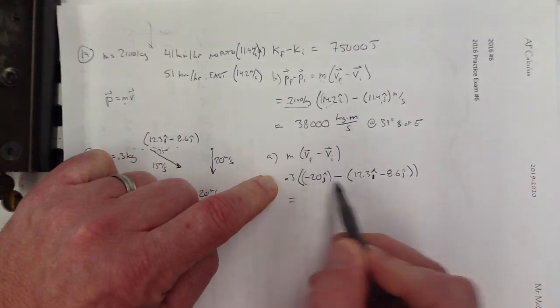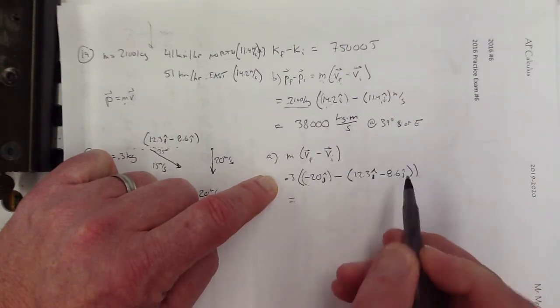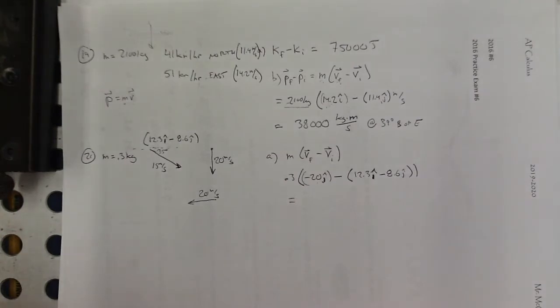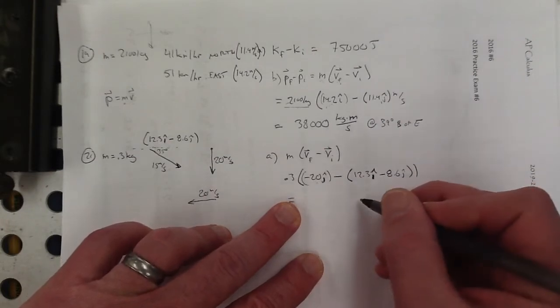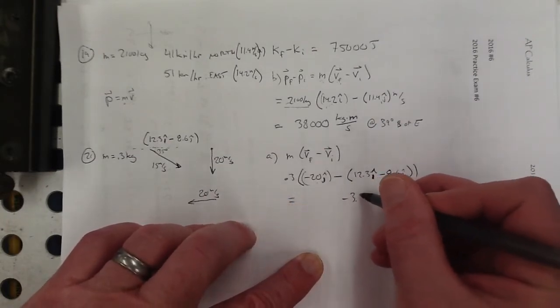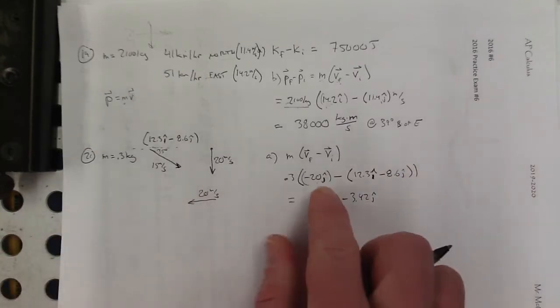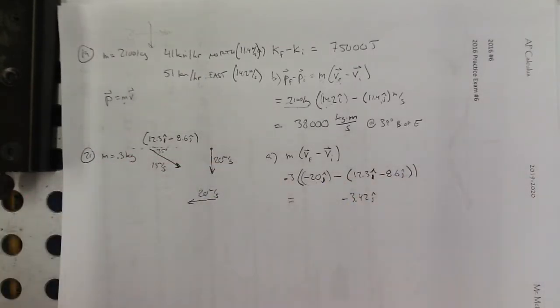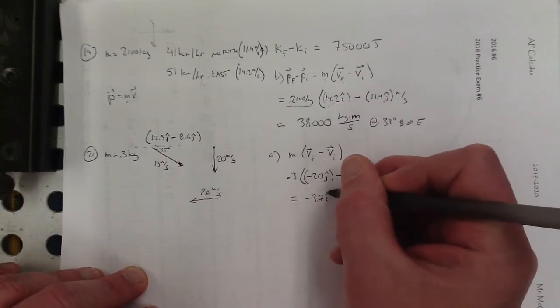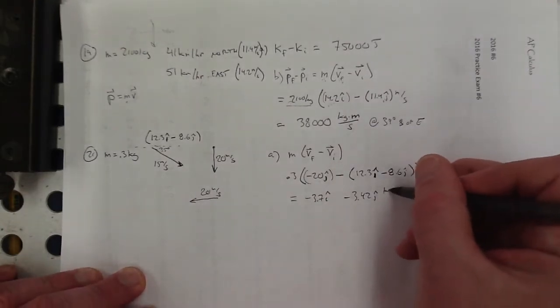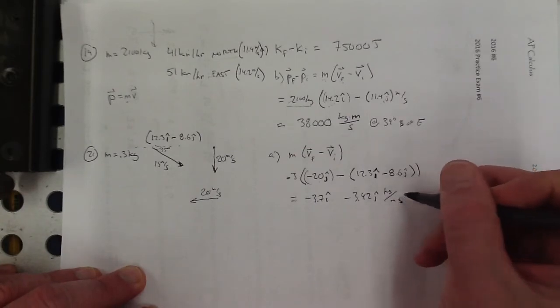I have minus 20 minus 8.6, minus 20 plus 8.6, times 0.3. I don't know why I did the j's first. That's minus 3.42 j. And then the i, it's just this 12.3 times 0.3, minus 3.7 i kilogram meters per second.